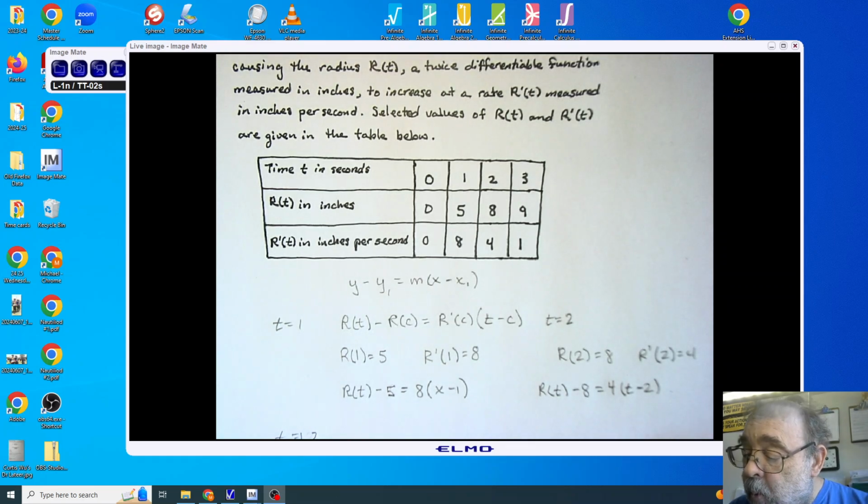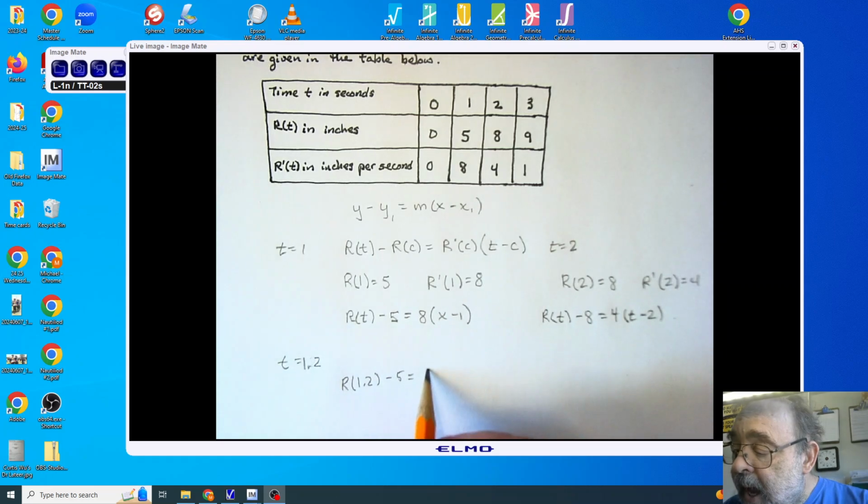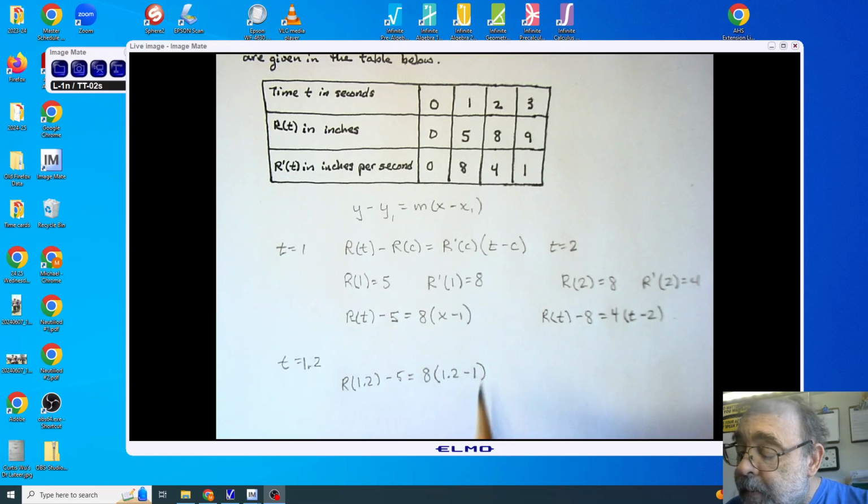R of 1.2 minus 5 is equal to, let's make sure you can see it, 8 times 1.2 minus 1. Therefore, r of 1.2, and keep in mind this is an approximation, will be approximately 5 plus 8 times 0.2.